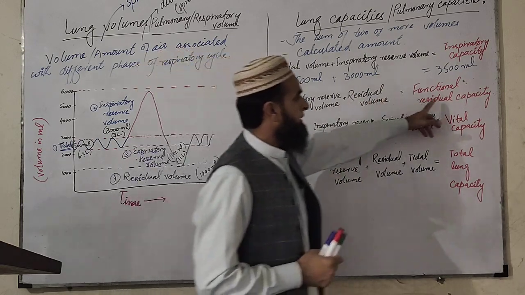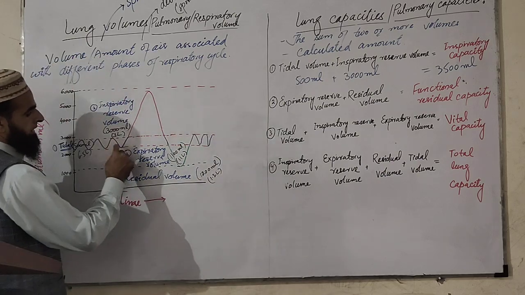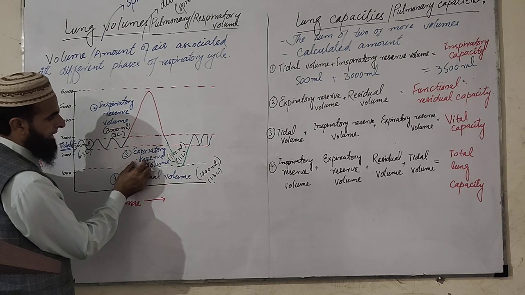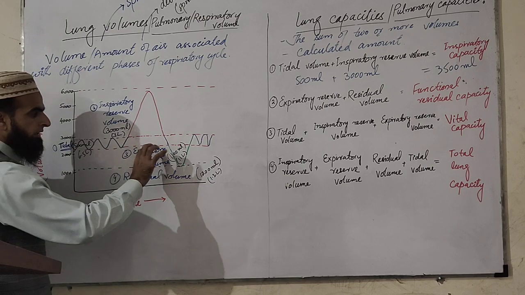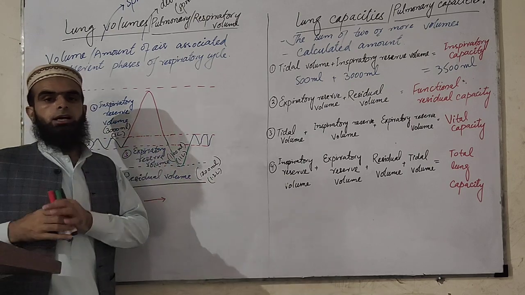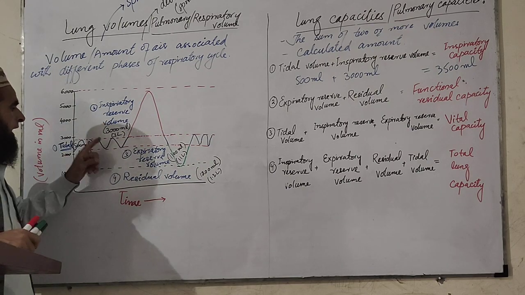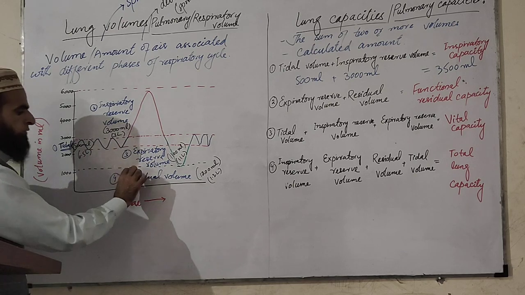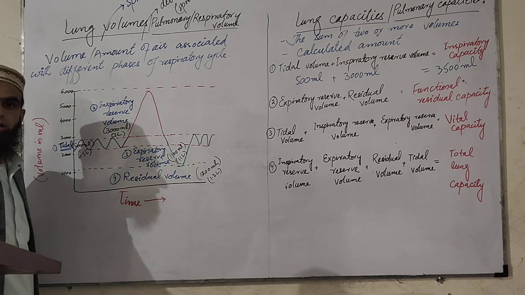Similarly, the functional residual capacity is calculated by summing up the expiratory reserve volume and the residual volume. This is the amount of air which remains inside your lungs after normal breathing. So if you do normal breathing, the residual volume plus the expiratory reserve volume both reside inside your lungs.